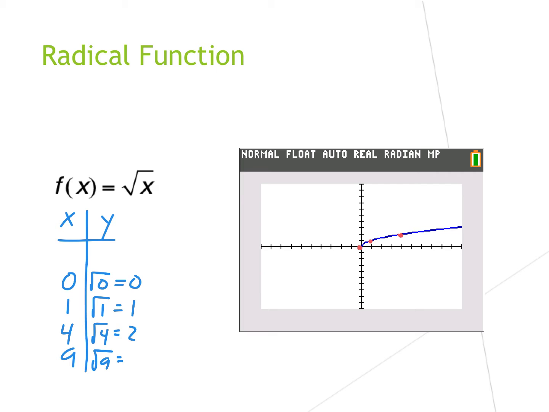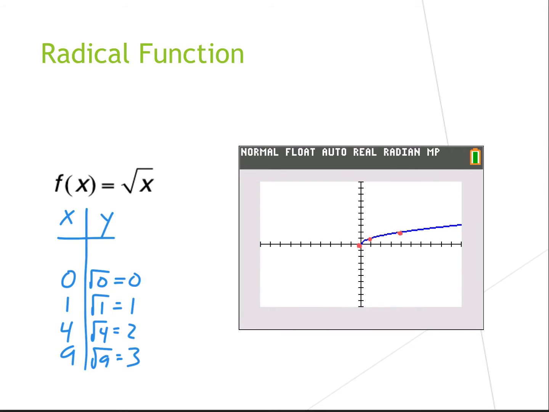to 3. So you can see, every time that the y value jumps up by 1, the x value has to go up more and more. So it continues growing, but it grows at a lower and lower rate as it continues off to the side. Then that last one, 9, 3, would be right about there.